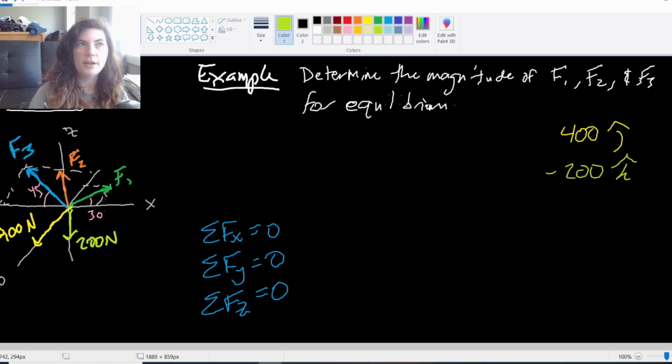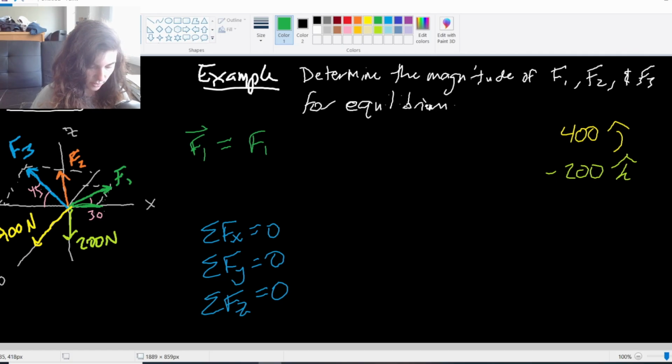And I want to break up my force 1, force 2, and force 3 in the same way, so I can clearly see what all of these components are. So if I look at F1, I wrote him here in green. F1, if I break him down into his Cartesian components, he's entirely in the xy plane. So I would have F1 times, if I want the x component, it's in the positive x direction.